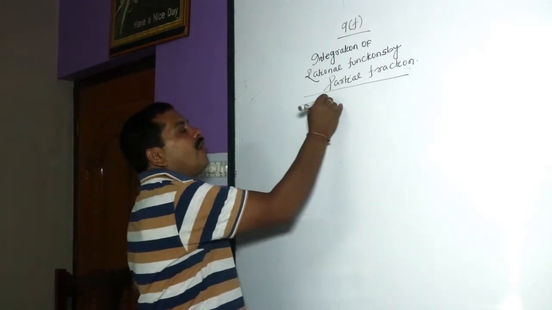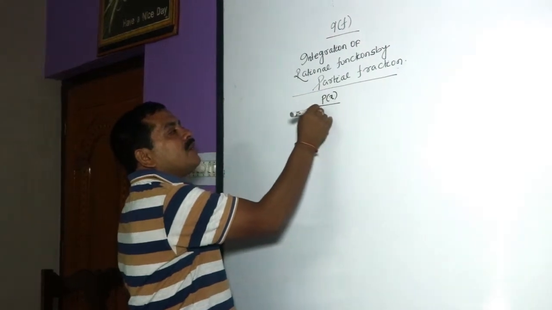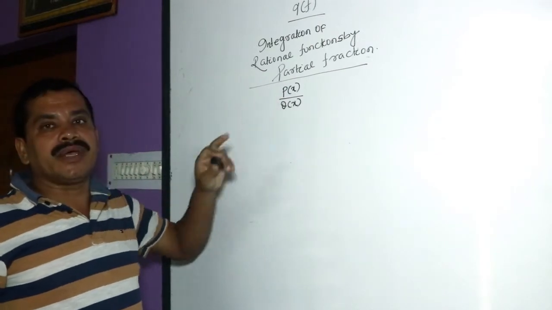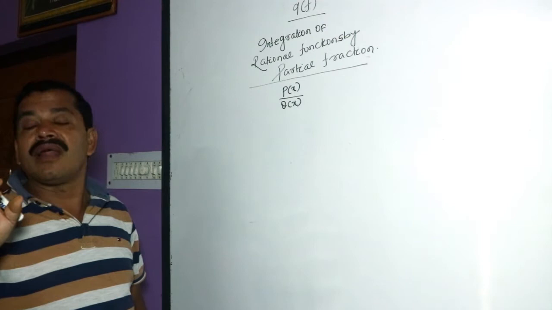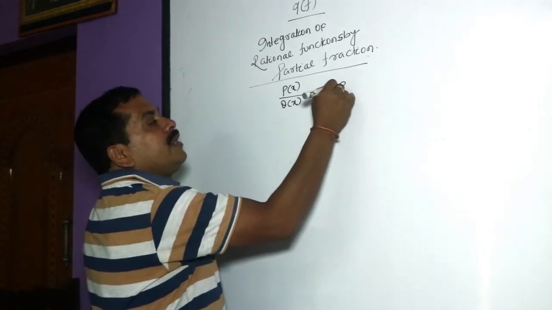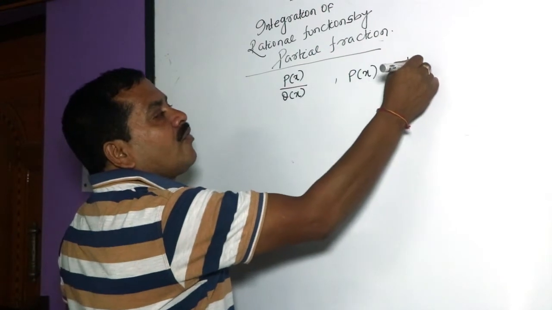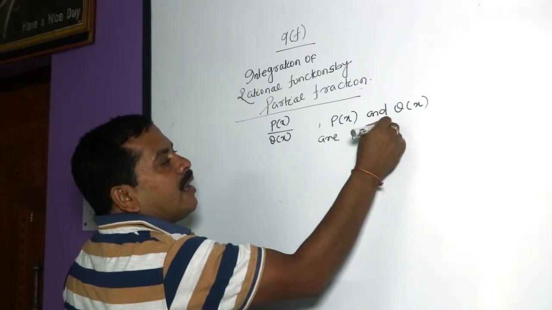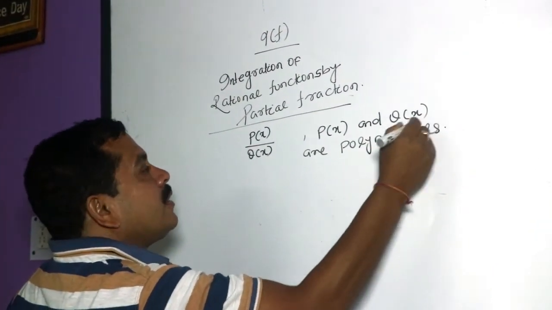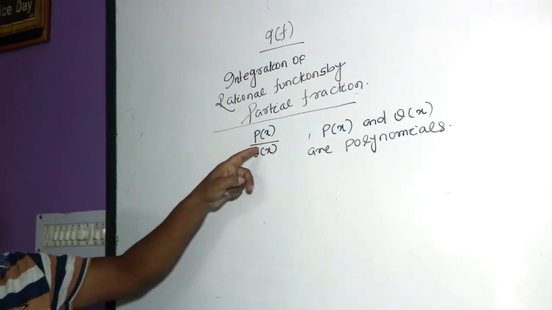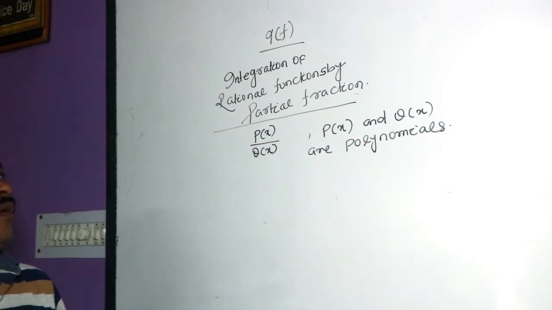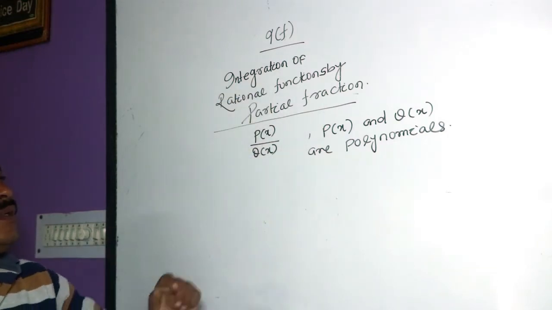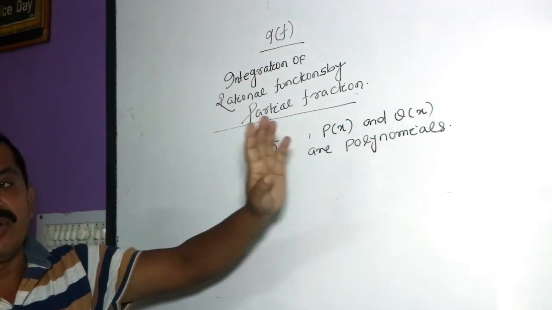A function of the form p(x) by q(x) is called a rational function, where p(x) and q(x) are polynomials.